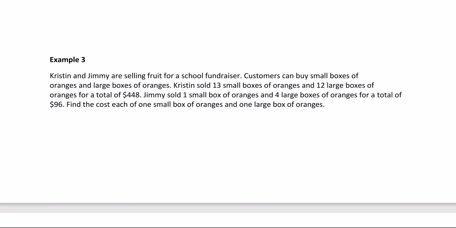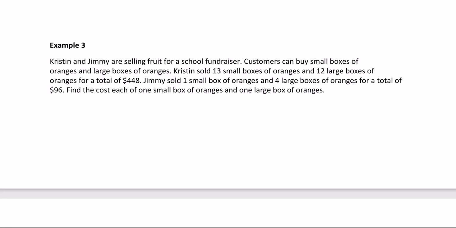So let's look at a little bit more. A lot of other ones are talking about cost of things. So think about how I would total something up and how that would work. I know some of these are kind of crazy, but let's look at this one here. Kristen and Jimmy are selling fruit for a school fundraiser. Customers can buy small boxes of oranges and large boxes of oranges.